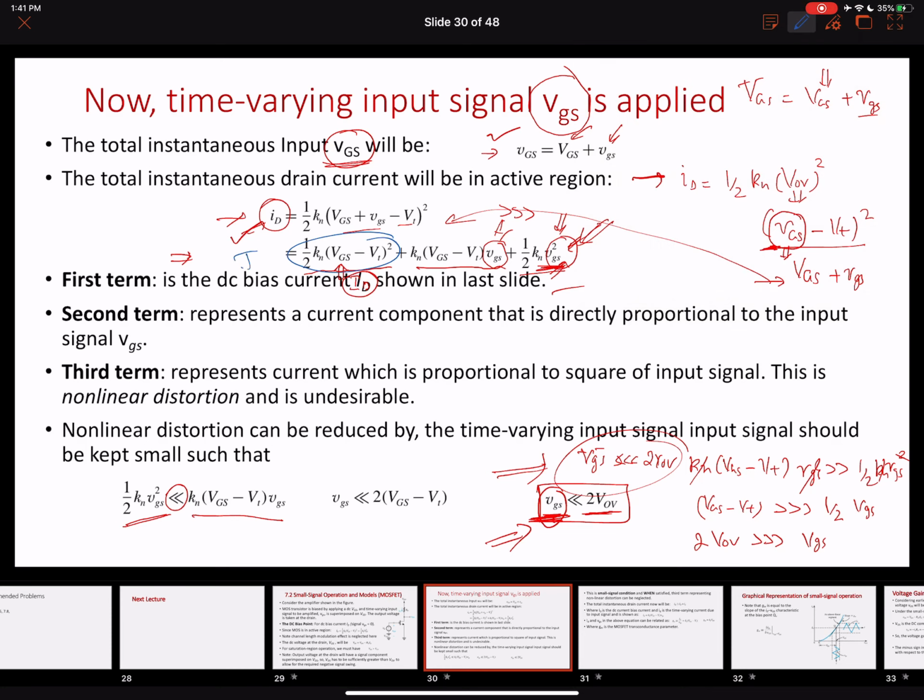Okay, so let's find another equation for the voltage gain. We are going to revisit the voltage gain again. Consider the amplifier circuit that I have shown you. Our total instantaneous voltage vDS can be written as the capital VDS plus the time varying small vds.